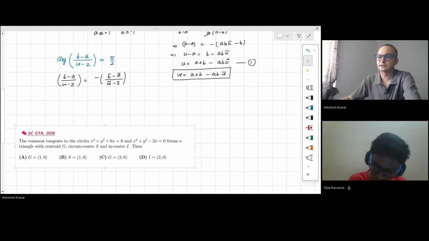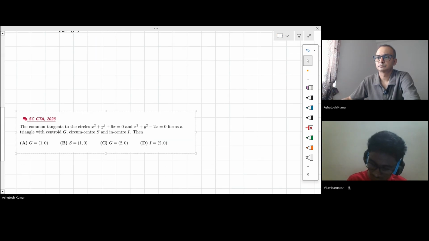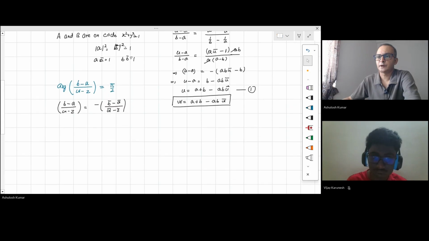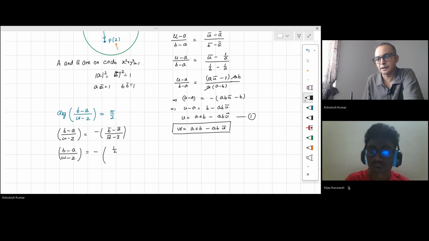Let me take this question down. So again, we apply the same technique here. And again, we write B minus A over W minus Z. And here I'm writing again 1 by B minus 1 by A divided by W bar minus Z bar.